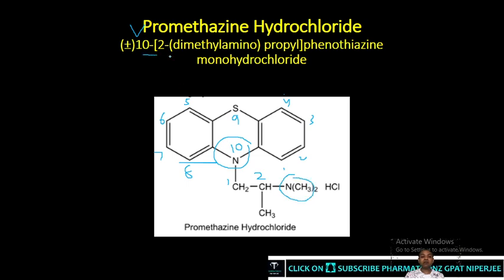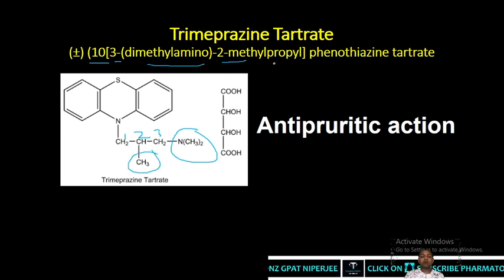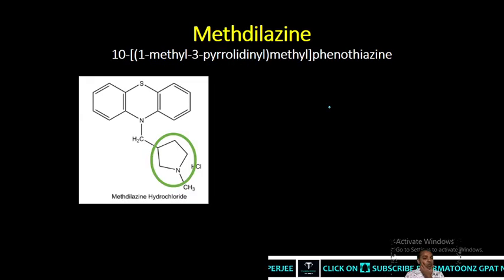So 10, 2-dimethylamino, this whole chain is considered as a propyl chain, and the whole molecule is phenothiazine. Next is trimeprazine. Again at the 10th position, this is the 1, 2 and third position, dimethylamino, second position methyl group, and the whole chain is a propyl phenothiazine, and it has an antipruritic action also.